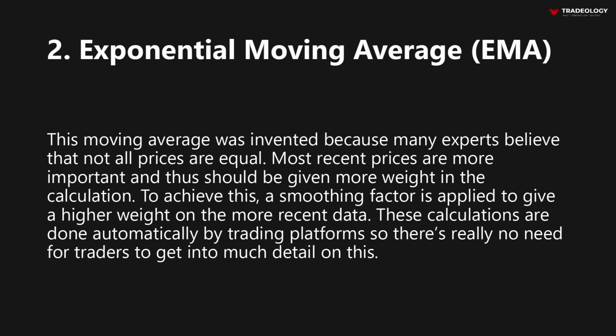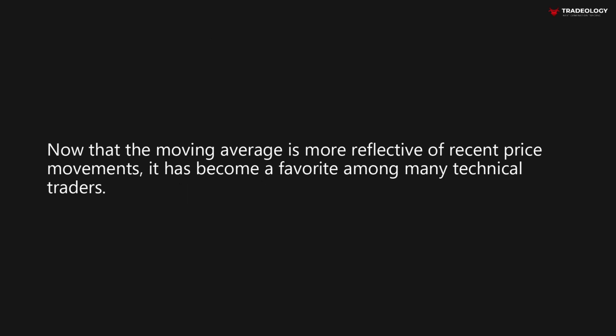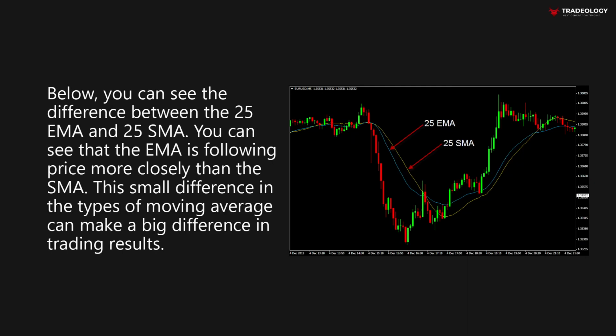These calculations are done automatically by trading platforms, so there's really no need for traders to get into much detail on this. Now that the moving average is more reflective of recent price movements, it's become a favorite among many technical traders. Below, you can see the difference between the 25 EMA and 25 SMA. You can see that the EMA is following price more closely than the SMA.